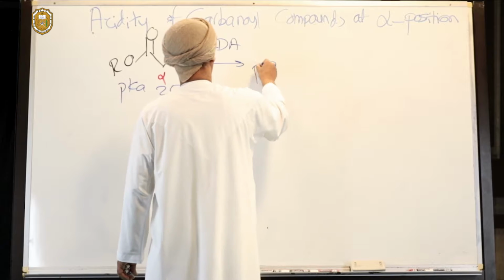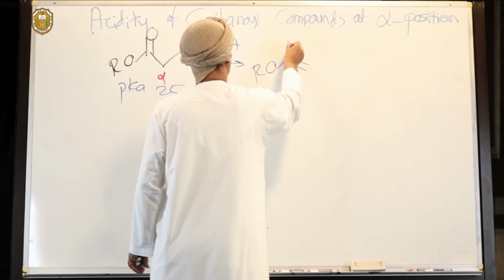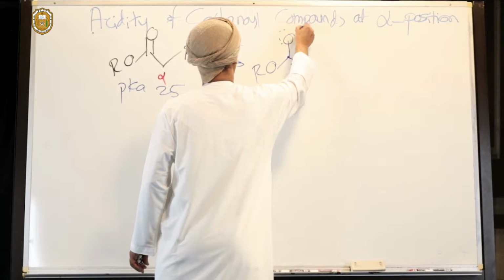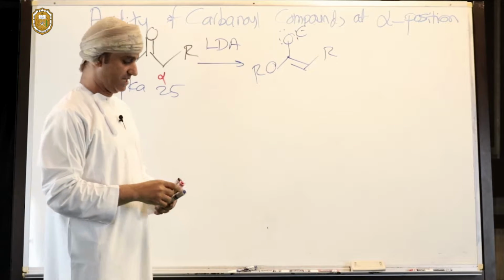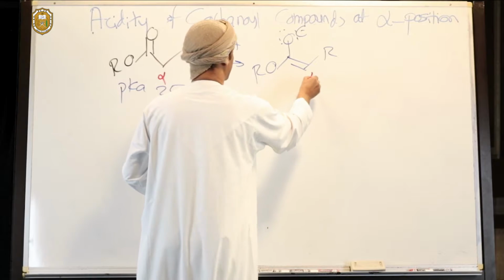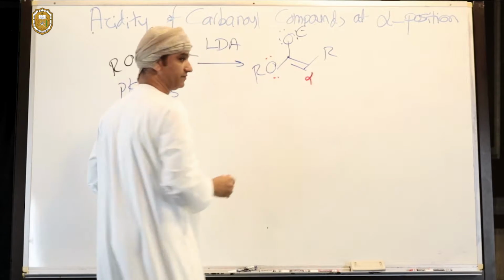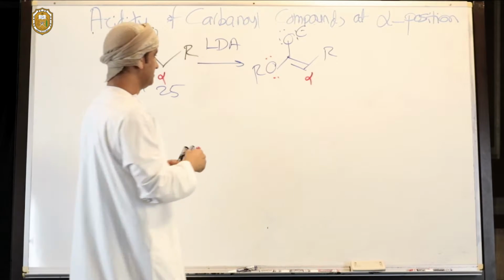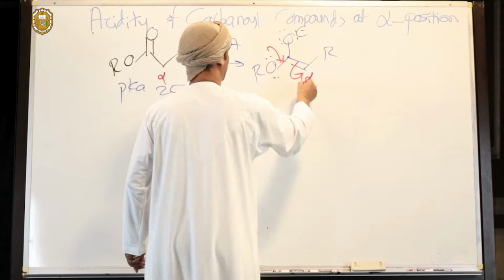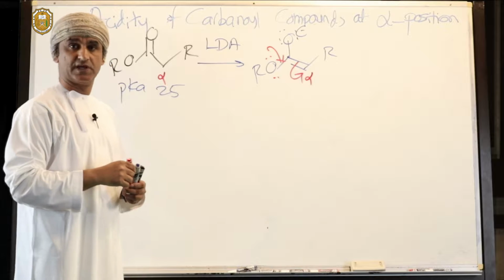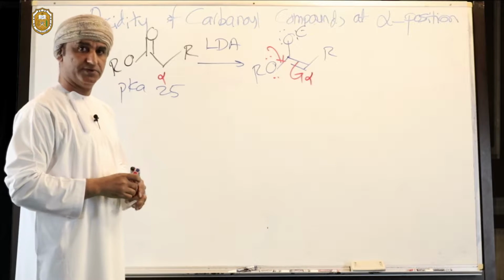So we get this corresponding enolate. Of course, you get initially the carbanion, which you can stabilize by resonance to get the corresponding enolate. Not only this, there are 2 lone pairs obviously on that oxygen, which can be used to destabilize this enolate relative to that of ketones, as we have seen before.